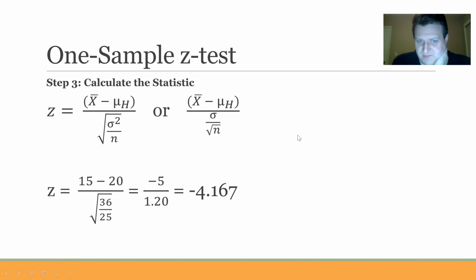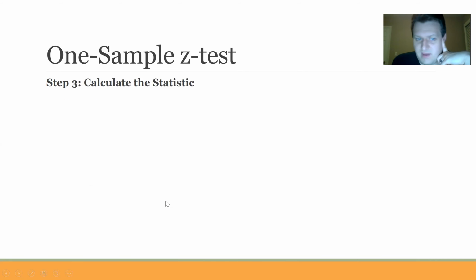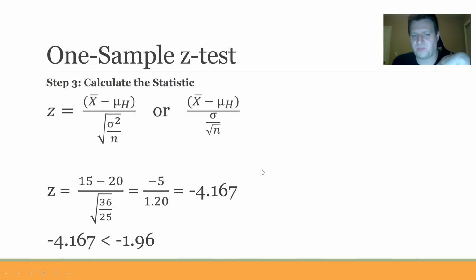All right, so -4.167. Do we retain or do we reject the null hypothesis? Well, -4.167 is less than -1.96. So we're going to reject the null hypothesis, okay? And I'm going to put this right here, okay?